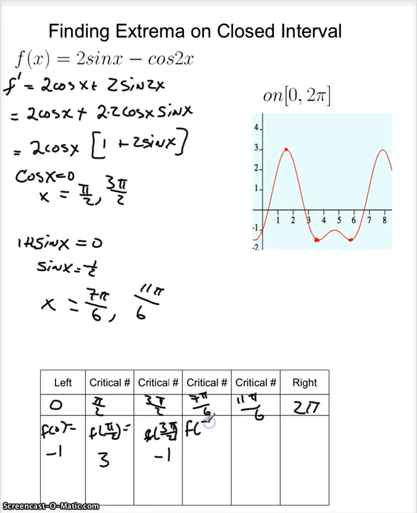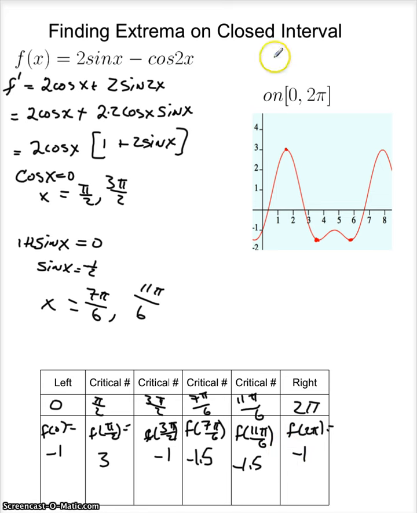F evaluated at 7 pi over 6 is -1.5. F evaluated at 11 pi over 6 is also -1.5. And then F evaluated at 2 pi is -1.